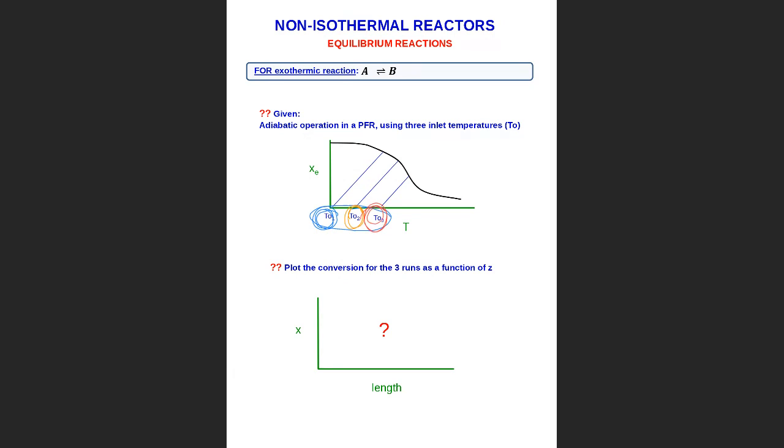The first thing to note is that if I have the colder inlet, my reactor will run colder, and I am going to be able to achieve a higher equilibrium conversion. And you can notice that same thing for each of the 3 lines. But what I'm interested in is what is happening over here. So I'm just going to open a whiteboard so I can have more space to write.